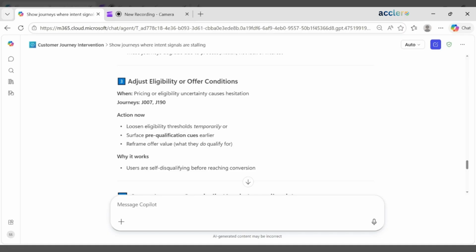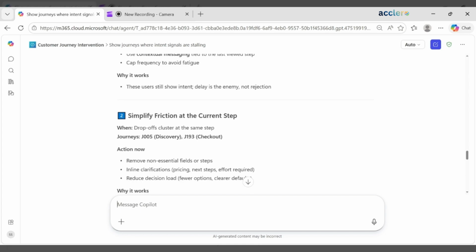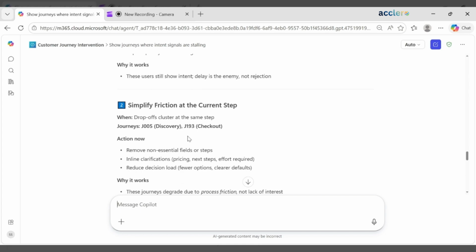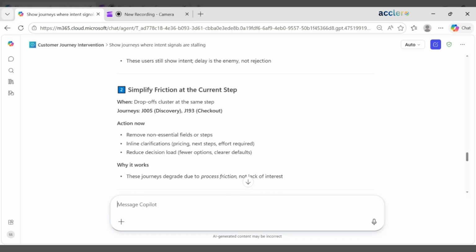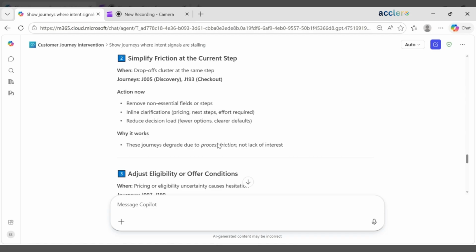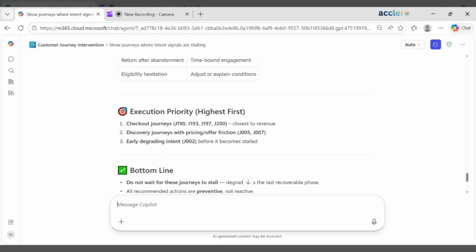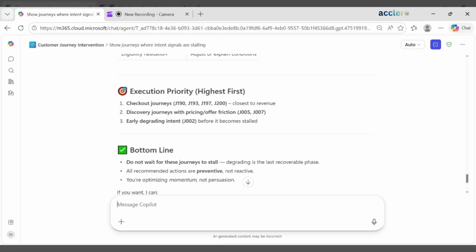Then for the friction removal, the journeys like J005 and J193, here users are stuck at the pricing or checkout. So the recommendation is to simplify the experience, reducing the steps or improving the clarity. This ensures that the interventions are not generic but precisely matched to the underlying friction.